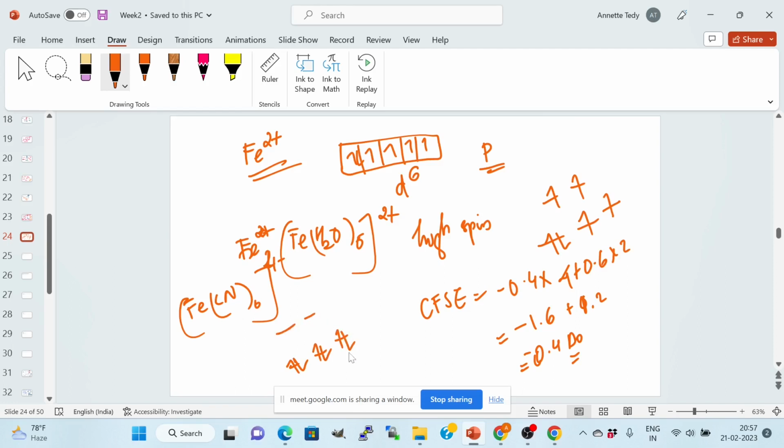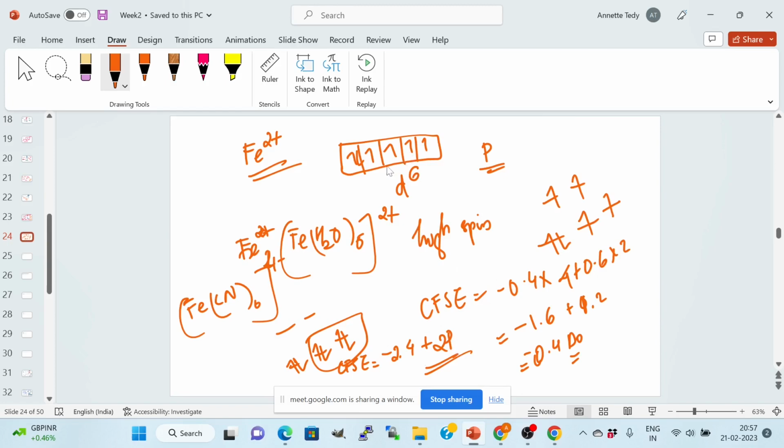So in this case CFSE will be as we calculated, minus 2.4 delta O, plus extra pairing energy will be there because this pair was not there in the actual metal. Yes, wherever the pairing is coming, that time we will write this P.